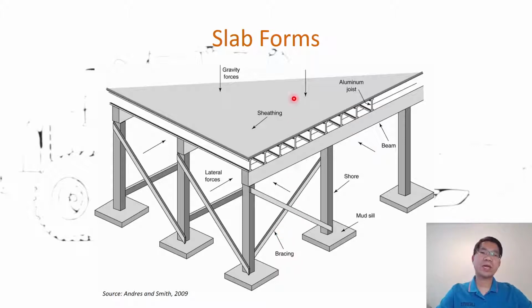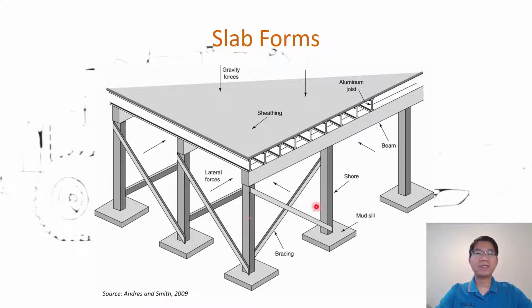So in the slab form design, we need to design the sheathing to check whether the spacing is okay, or what should be the spacing between the joists so that the sheathing works fine. Then we go to design the joists. We need to know the spacing between the stringers, and then go to the stringer design.